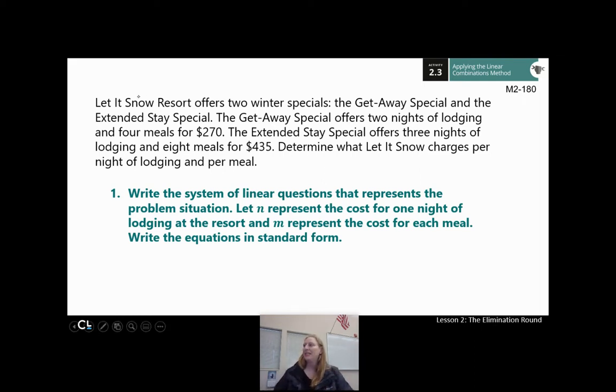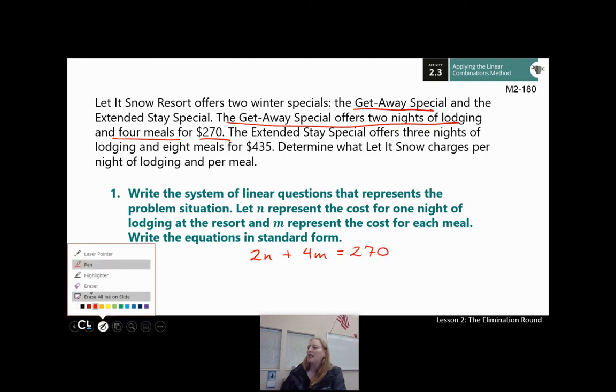All right, so let's see how we're doing. Let's start with the Getaway Special. It offers 2 nights and 4 meals for $270. So that means 2 nights plus 4 meals, and together, that's why it's being added, it's going to be $270.